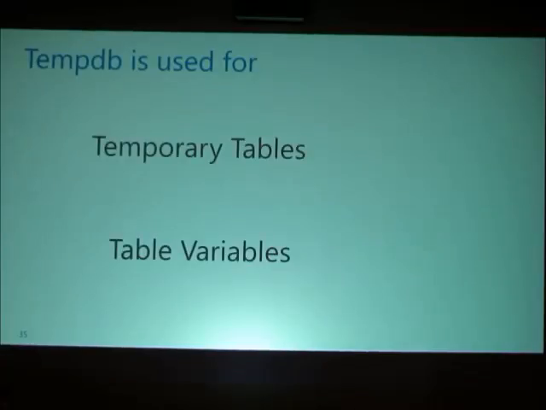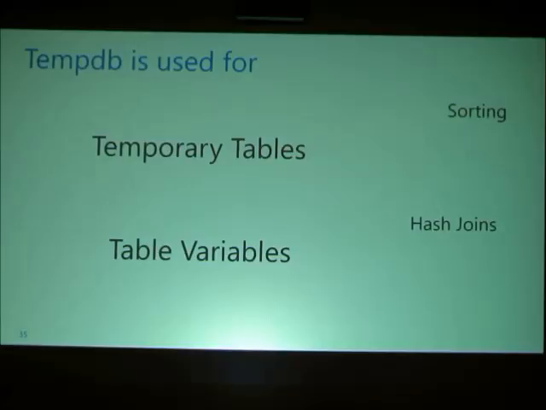Tempdb is often used for, surprise, surprise, temp tables and table variables. That's not surprising. They do land in Tempdb, both of them, always. But Tempdb is used for everything else that gets persisted. Everything else that doesn't belong in your user databases goes to Tempdb.